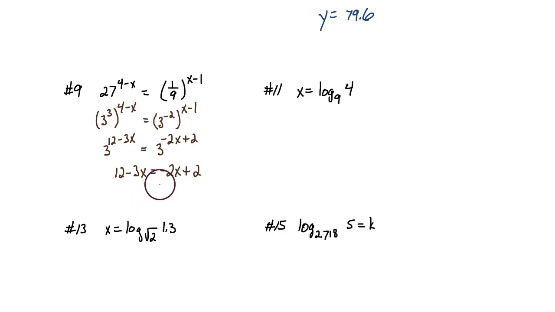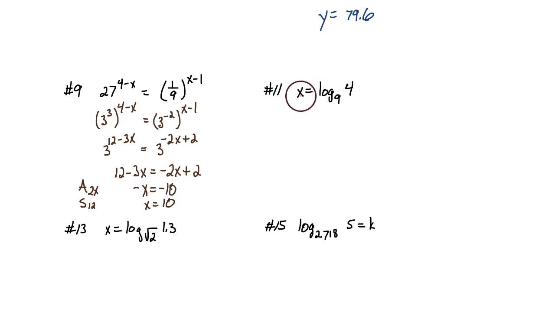Then solve this equation. We could add 2x to the left side and subtract the 12. That makes -x equals -10. Therefore, x is equal to 10.